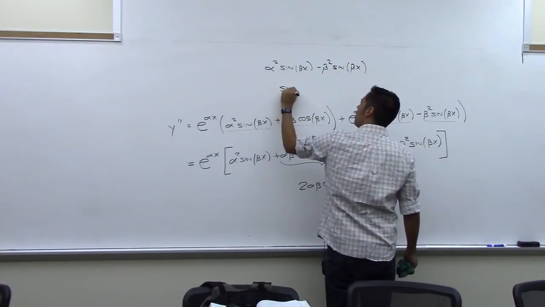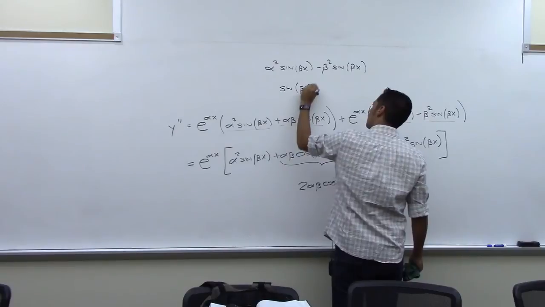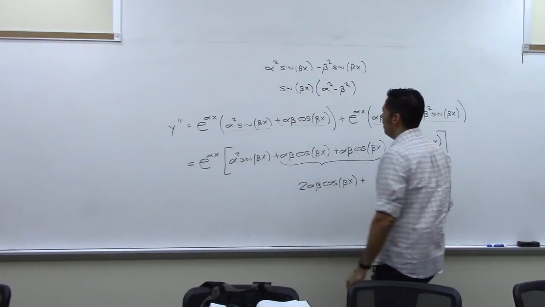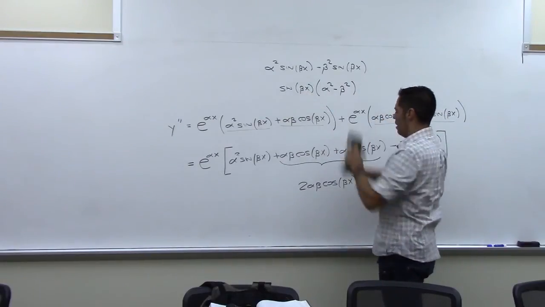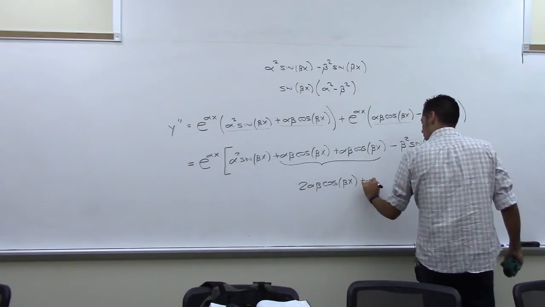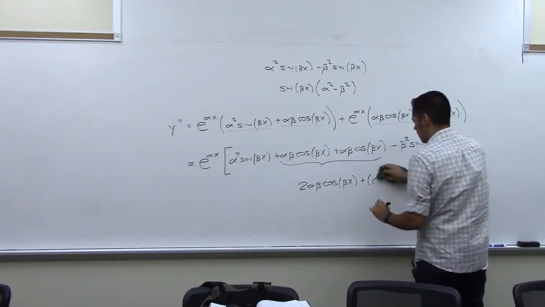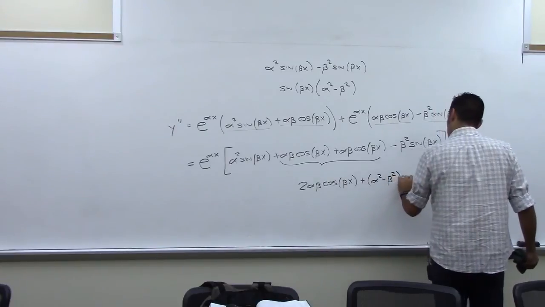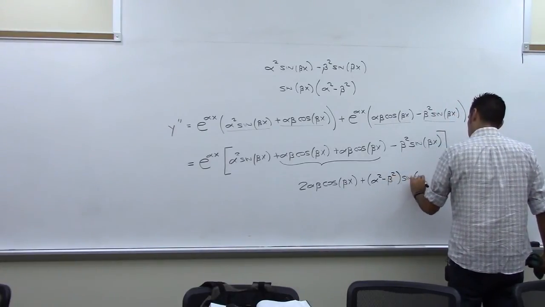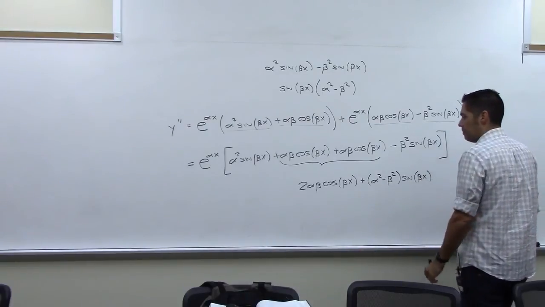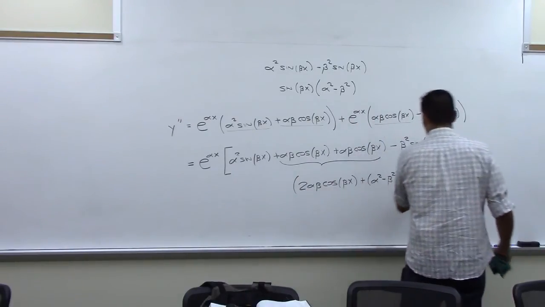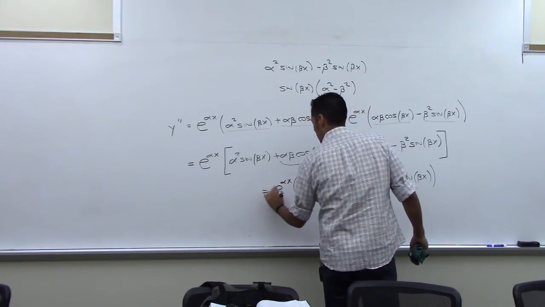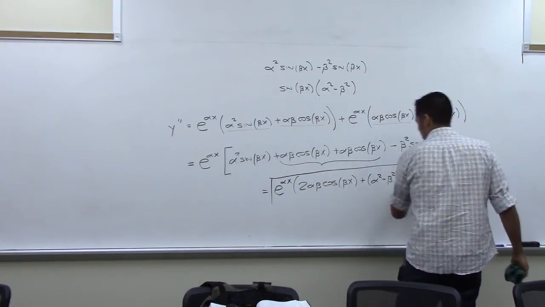So I pull out a sine beta x. That would leave me with alpha squared minus beta squared. And I could rewrite this the other way, which is the way I'm going to do it. I'm going to write this as alpha squared minus beta squared times sine of beta x. Okay, but all of this has an e to the alpha x in front. There you go.